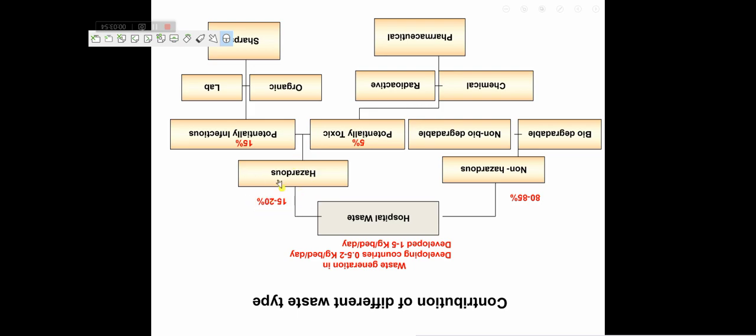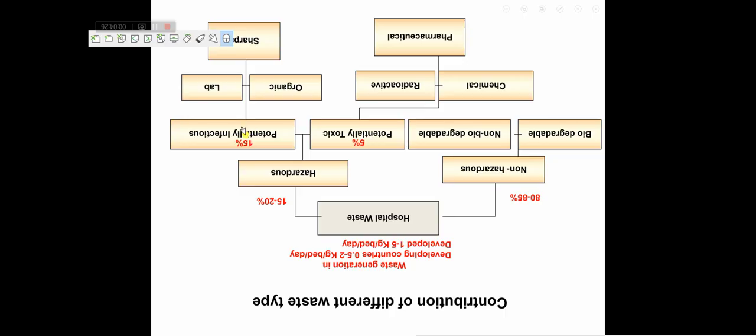Hazardous waste is 15 to 20%, and non-hazardous is 80 to 85%. The non-hazardous waste is biodegradable. Hazardous waste is potentially infectious, toxic, and non-biodegradable. Potentially toxic means there will be chemicals, and it can be radioactive. It comes from the pharmaceuticals.